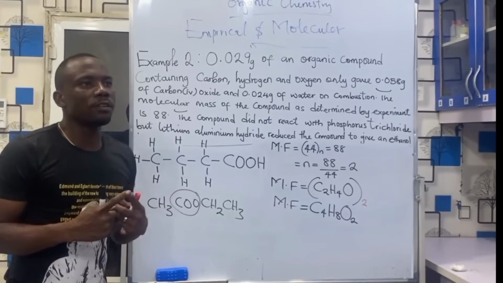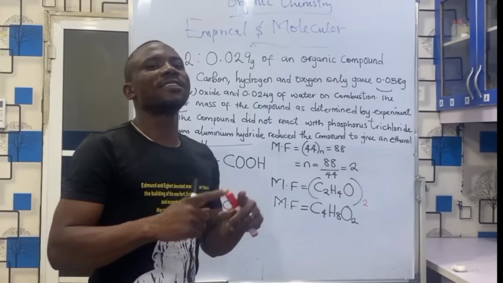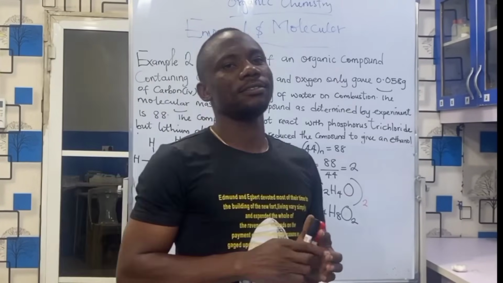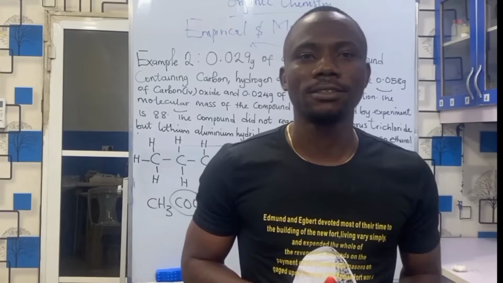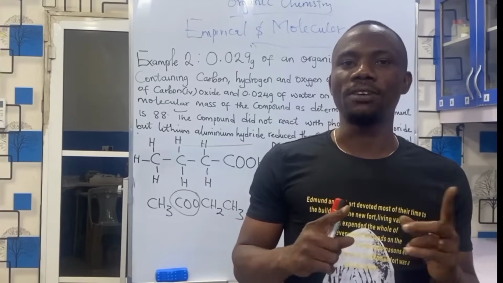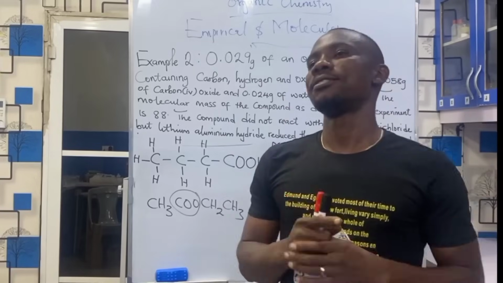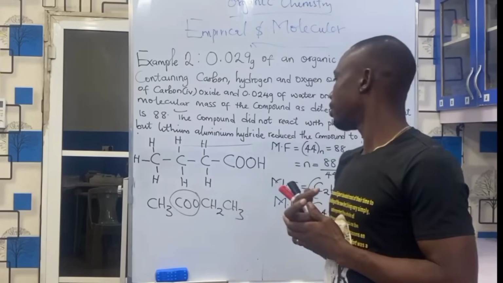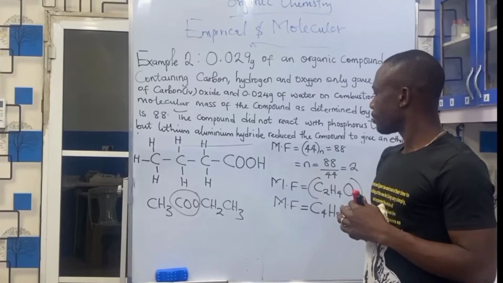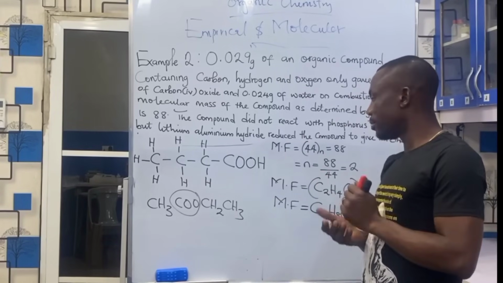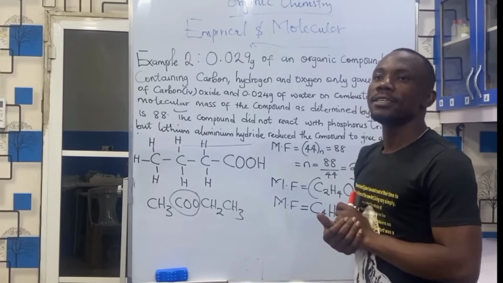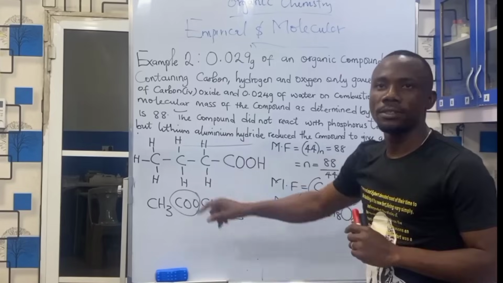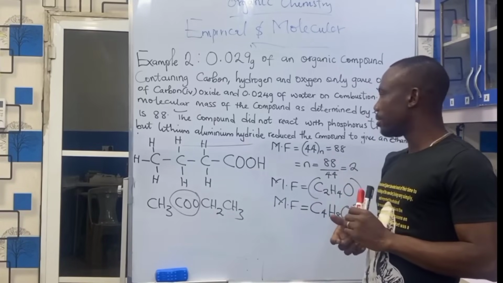But the unique thing is that they are all carboxylic acid derivatives, meaning they are all gotten from carboxylic acid by the reaction of the carboxylic acid functional group. We can still get more of these compounds from here, an isomer of that.